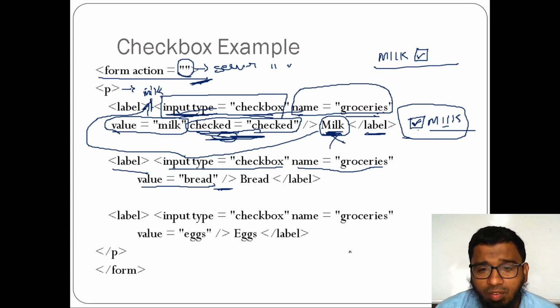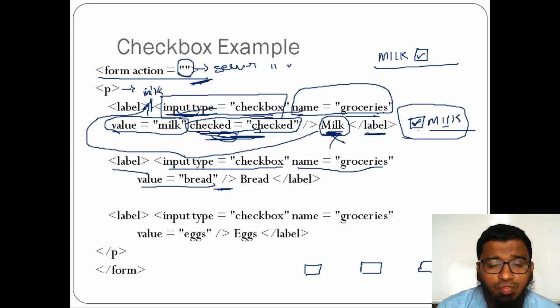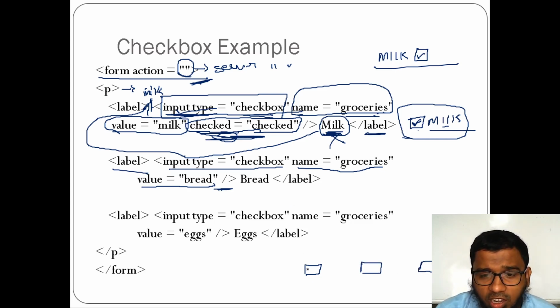So if you have, like, 1, 2 and 3, if 3 boxes are there, in the first one it is checked, milk. What does it mean? It means that I want milk whenever the form is loaded. Next one is bread, B-R-E-A-D, but here it is not checked, so it will be empty, nothing here.